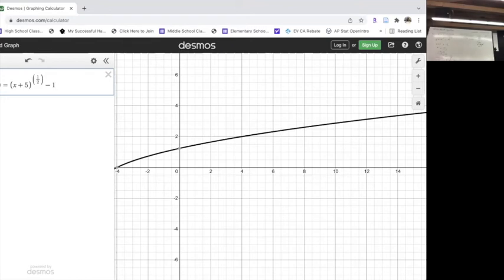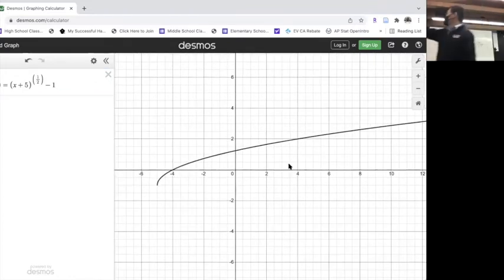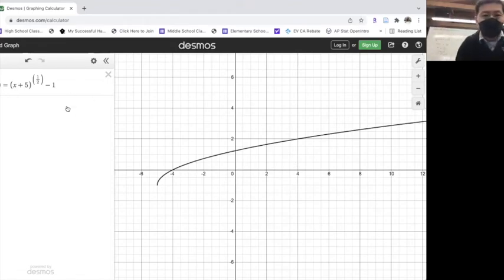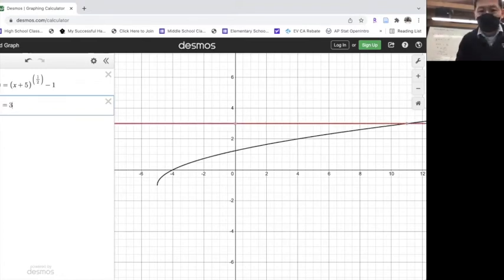Okay, remember this one? Negative 5 units over, and then negative 1 unit over. So I'm going to move this graph back again. You see that? Makes sense, right? The same translation. Now we'll go to the next one. G of x simply equal to 3. Right here. So I'm looking at this point. What's the x value of the intercept point?